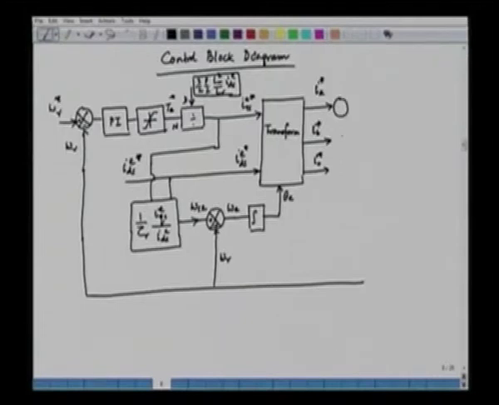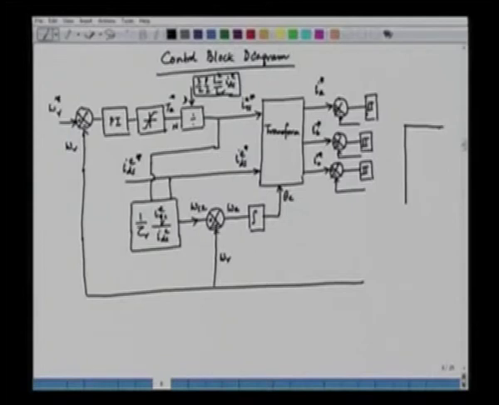And then we have the comparators here. We can have the current comparators, and with this we can have some sort of controller, for three independent phases: this is for phase A, this for phase B, this for phase C. Here is our inverter.